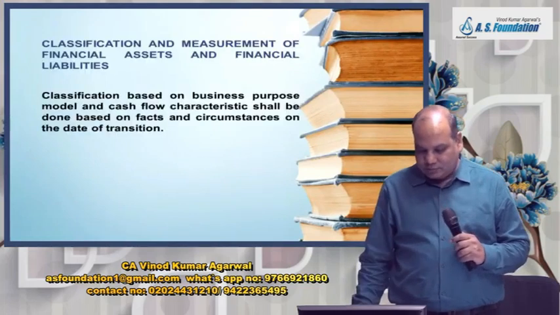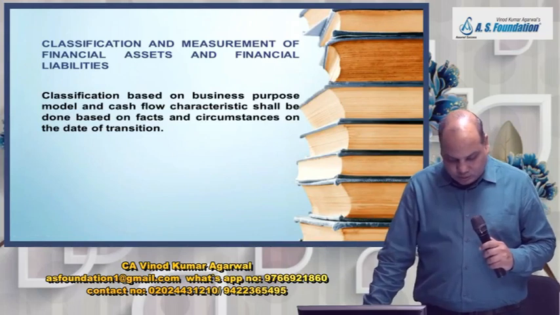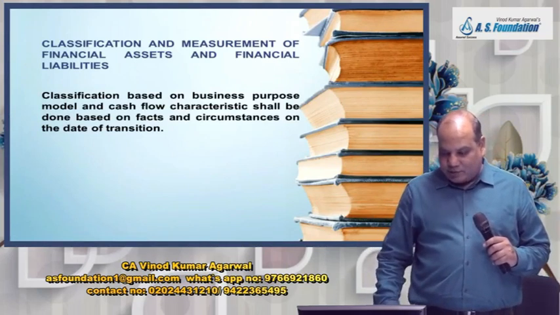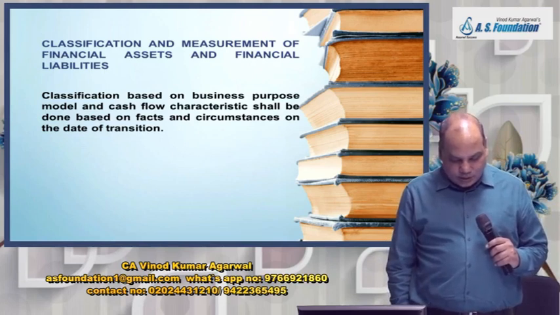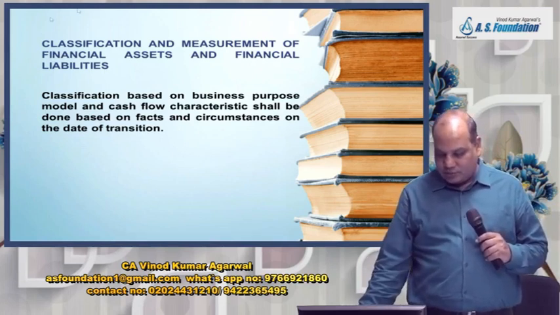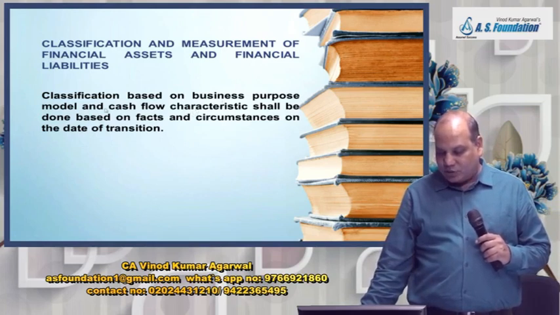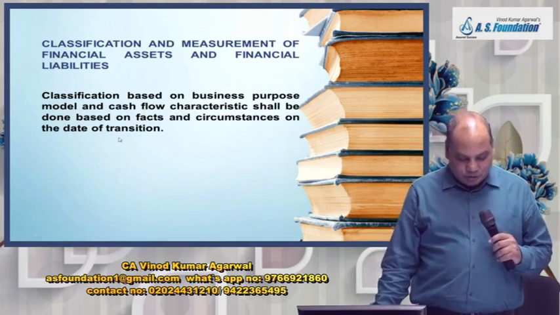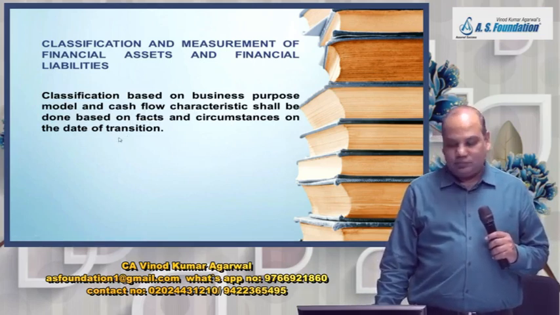Now next is, tick mark this item, classification and measurement of financial assets and financial liabilities. Classification based on business model and cash flow characteristics shall be done based on the facts and circumstances on the date of transition.